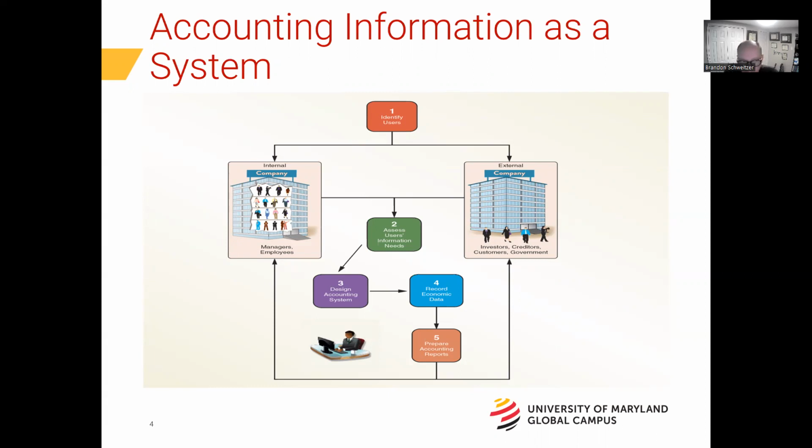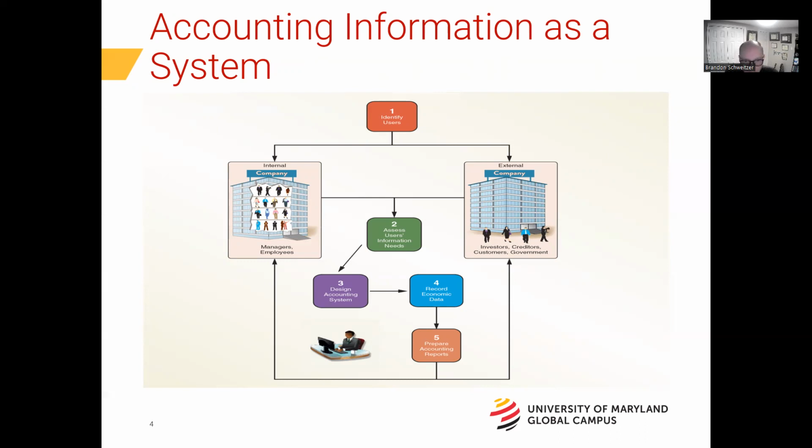As you learned from the principles of accounting courses, internal users are people like managers and other employees of the company. External users are creditors, investors, customers, government agencies, individuals outside the company.